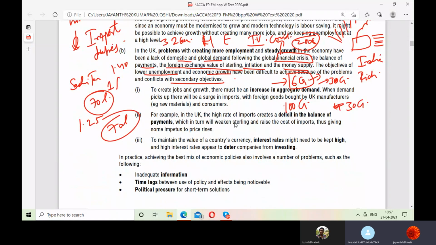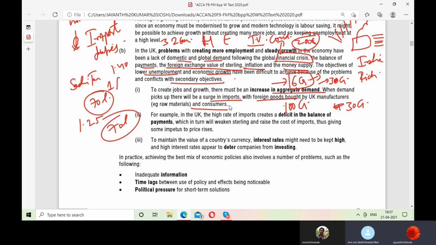We don't want their products. Come on, we have everything in India now. In fact, they also come and set up factories in India and manufacture for Indians these days. So to create jobs and growth, there must be an increase in demand, but UK doesn't have that. And when demand picks up, there will be a surge in imports, with foreign goods bought by UK manufacturers and consumers.